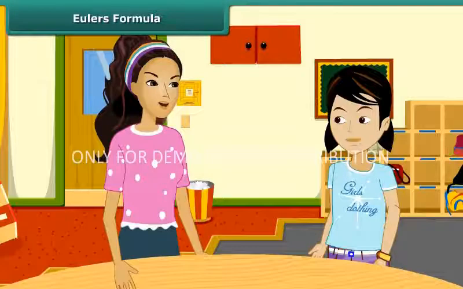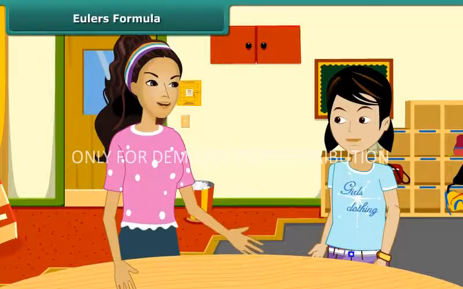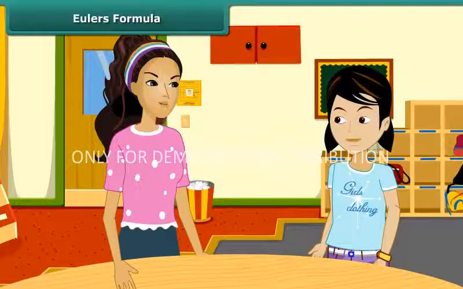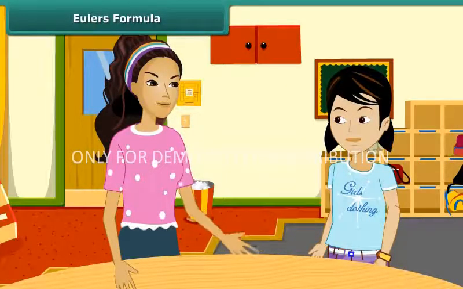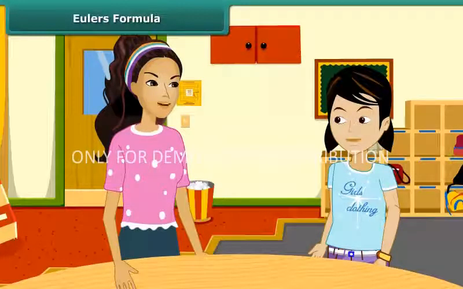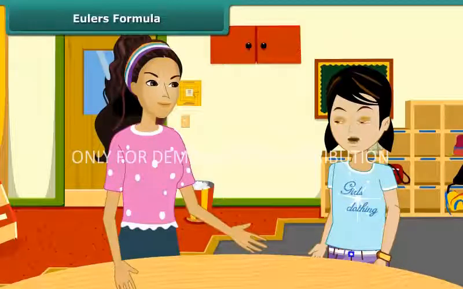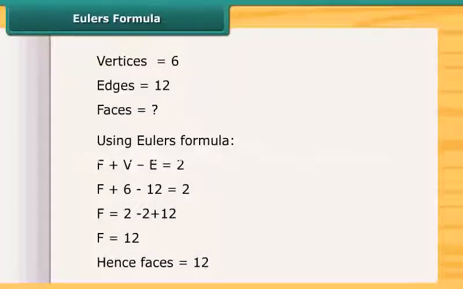If the number of vertices and the number of edges of a polyhedron are given, then we can find the number of faces of that polyhedron using Euler's formula. And if the number of faces and the number of vertices are given, then can we find the number of edges? The two values are given. Then we can find the third value using Euler's formula. Here is an example.